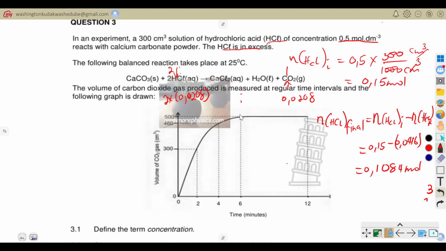Finally, after our reaction is complete, this is the total number of HCl that we are going to have at the end. Now let's see what it is that they want us to find.